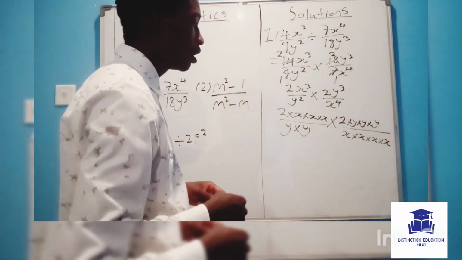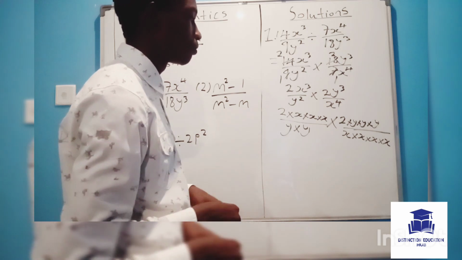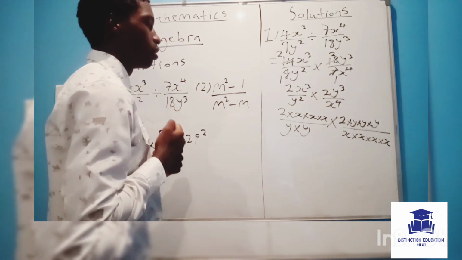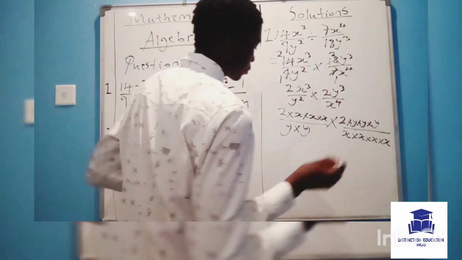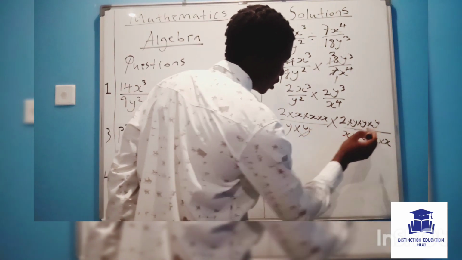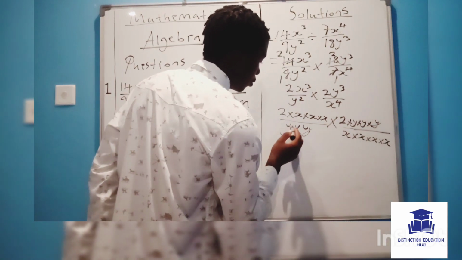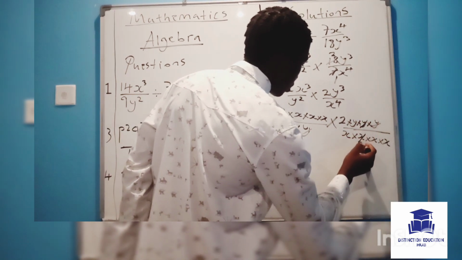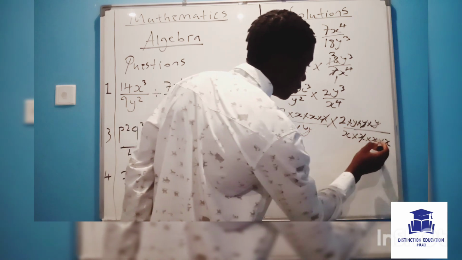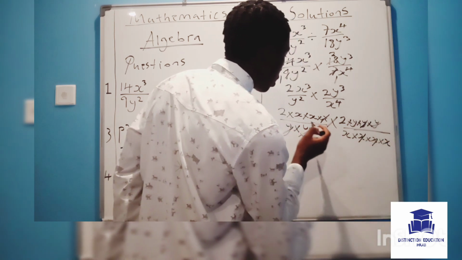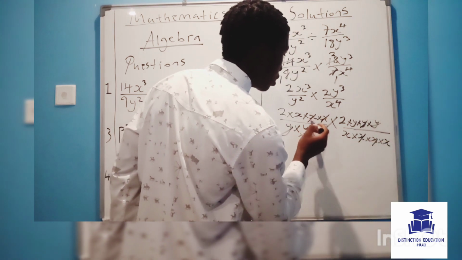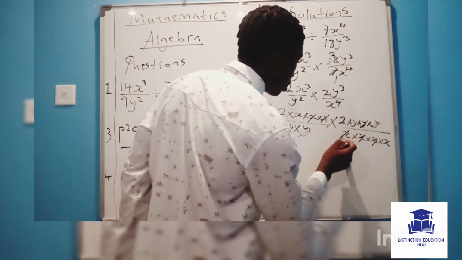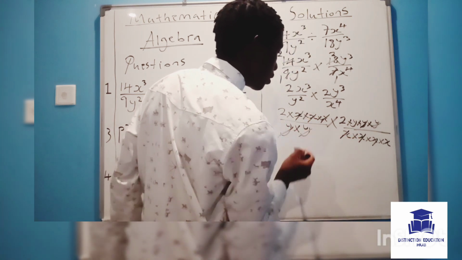Then you simply cross out the like terms. So this y will cross out this y, this y will cross out this y. This x will cross out this x, this x will cross out this x, and this x will cross out this x.